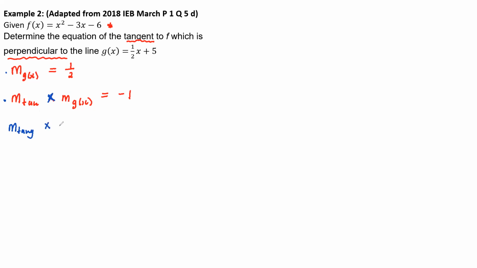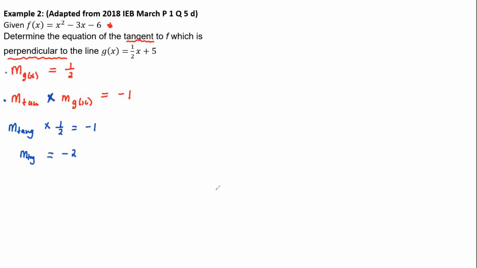I don't know the gradient of the tangent, but since they're perpendicular, I can find it. So I can divide both sides by half, such that at the end of the day, the gradient of the tangent becomes -2.